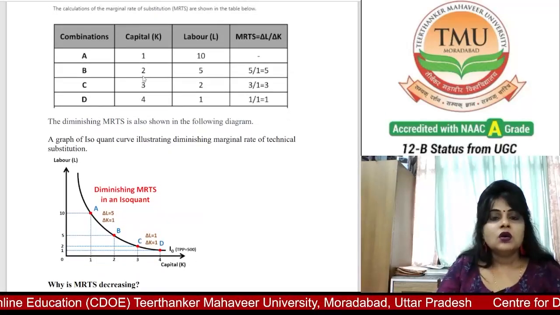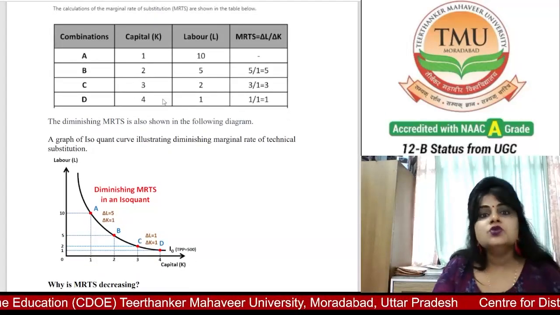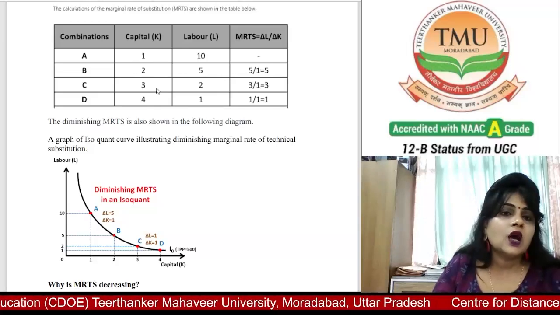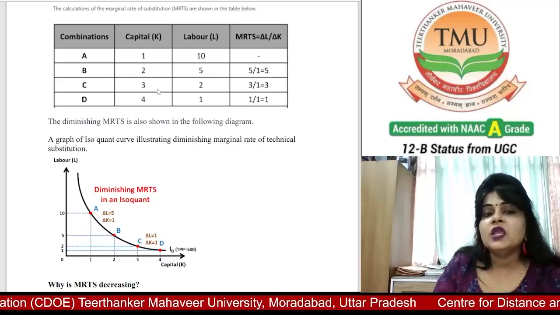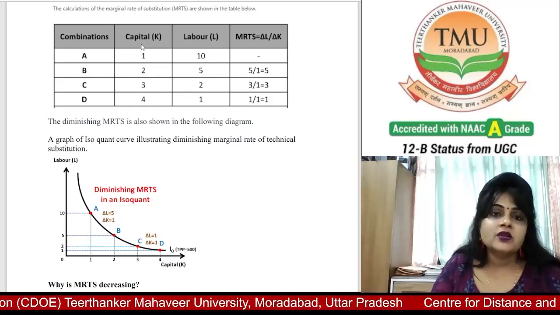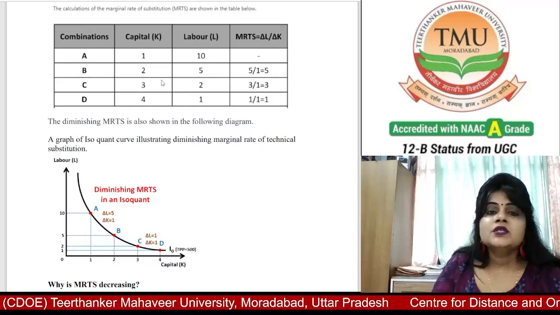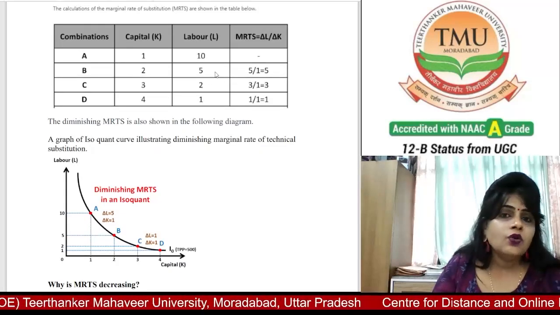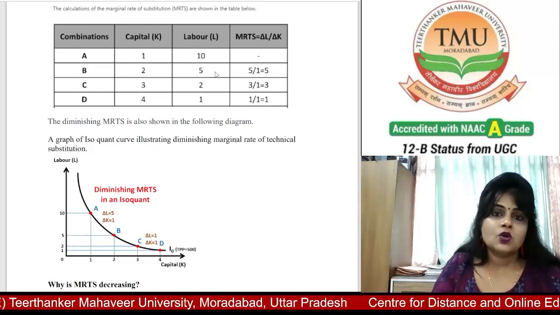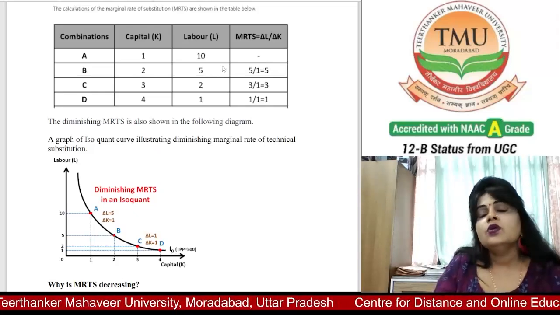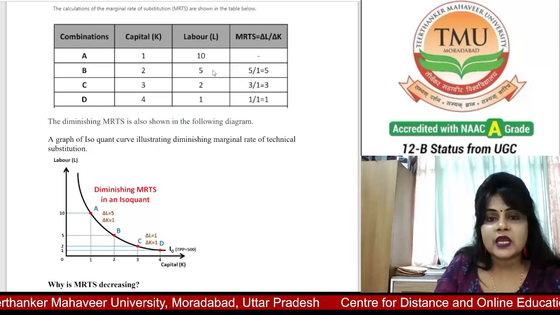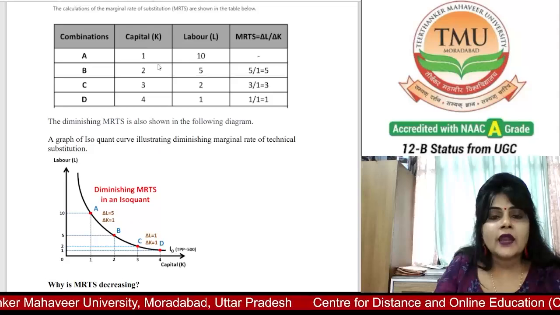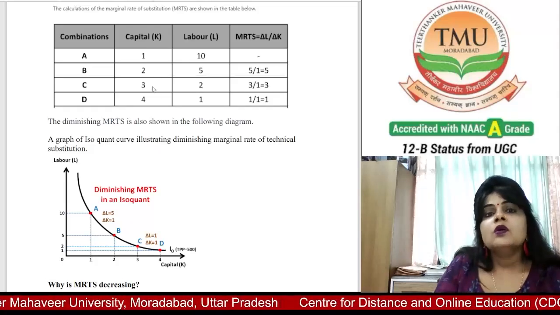Now on the C combination, you see here, when we increase any one factor's units, its marginal rate also decreases. So we are ready to give up fewer units of labor. Now the producer is ready to sacrifice only 3 units of labor and he gets 1 unit of capital.